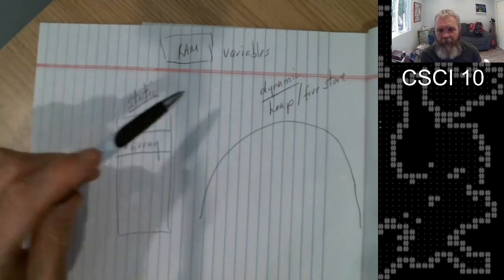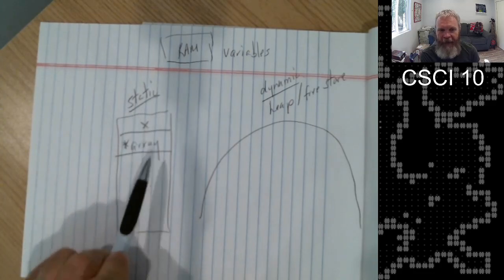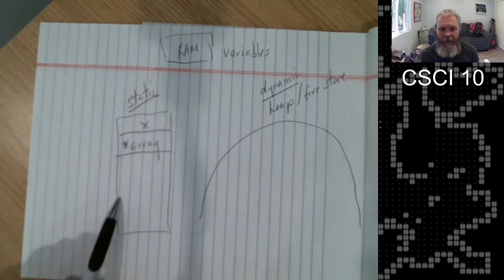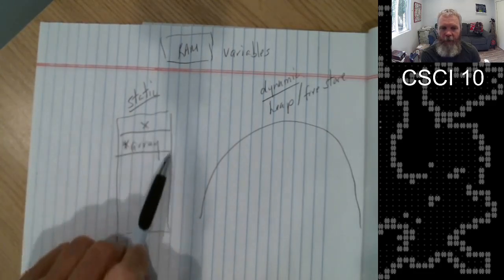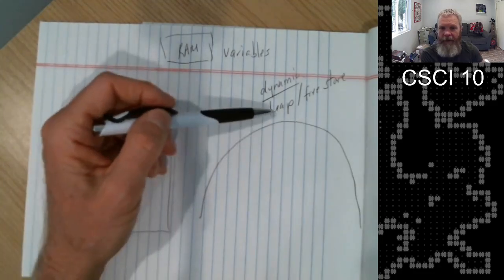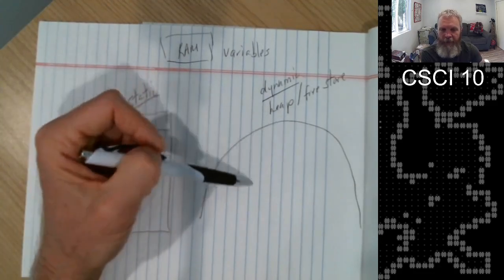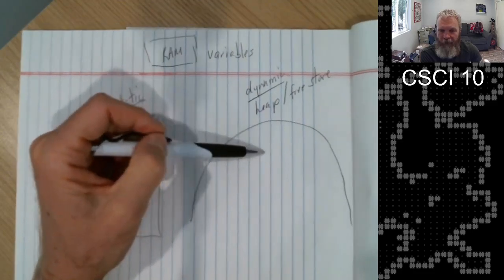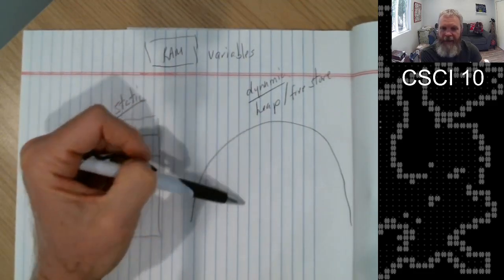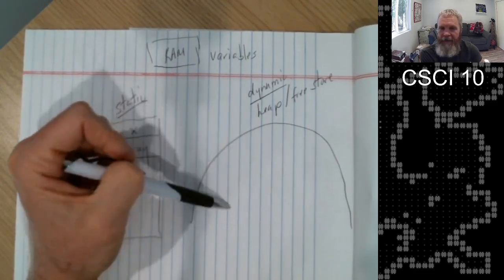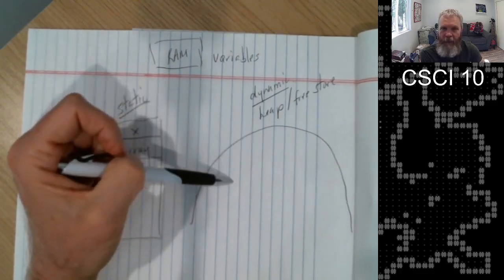Still in RAM. But conceptually, you have static memory, which is automatically created and destroyed for you. You have dynamic memory, which most of us call the heap, which is a place where you can allocate unspecified amounts of memory at runtime.